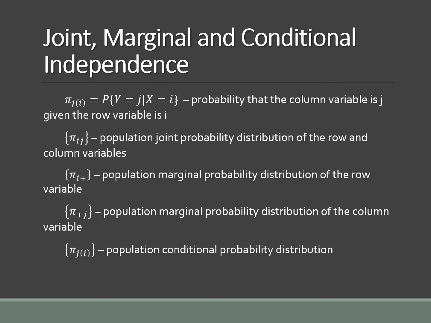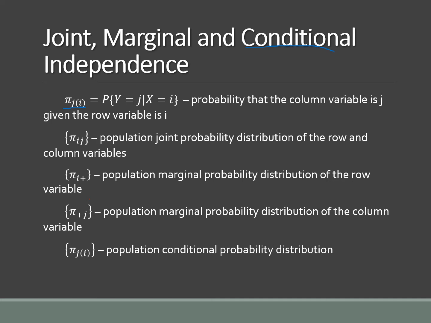So from the previous slide, we are reserving the first character in the subscript for the row, and the second character for the column. But here, when we are talking about conditional probabilities, that distinction is removed already. Here, we have either the column or the row in the first character, and inside the parenthesis is the other variable.